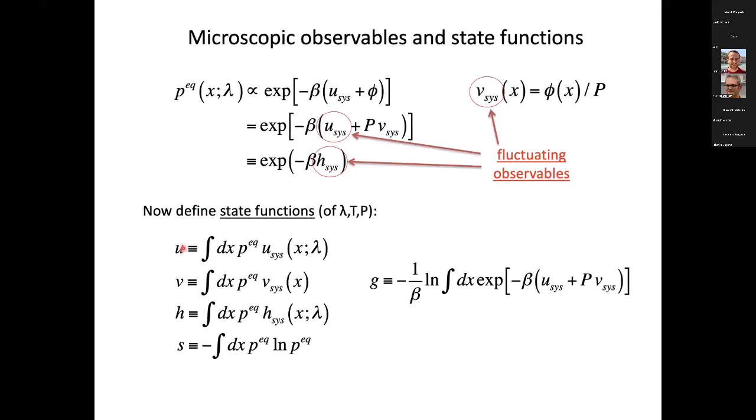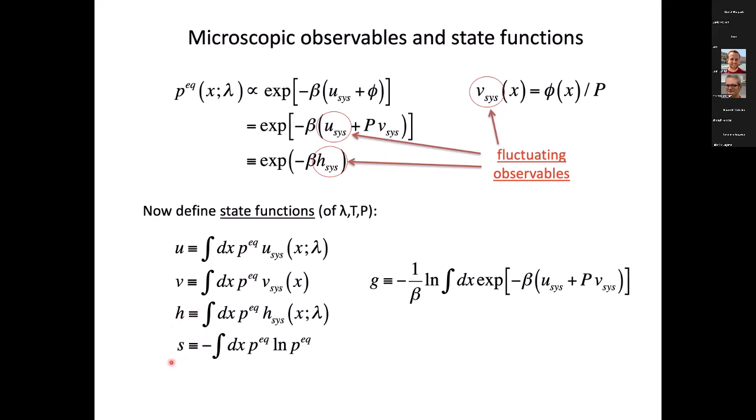So I'm going to define my state function U. Again, this is the internal energy associated with an equilibrium state rather than a particular microstate. I'll just define U to be the equilibrium average of this fluctuating observable, so it's the average of u_sys when the system is in equilibrium. Similarly, I'll define the equilibrium volume to be the average of this fluctuating volume, and the equilibrium enthalpy is just the average of this fluctuating enthalpy. So I've got three of the state functions I want to define down.